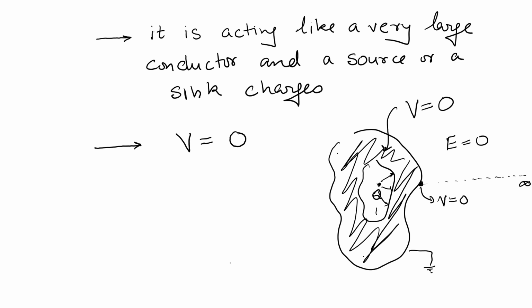Let's take one of our previous examples and see what happens if we ground the conductor. We had previously put a charge Q outside. Let's just put a sphere with a cavity inside.